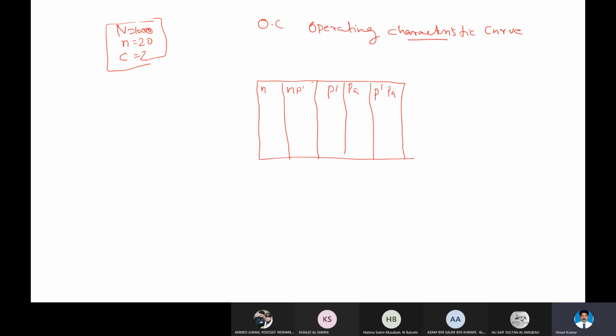This is the chart we are going to draw. So n is the number of observations, P dash is the fraction defective, and PA is the probability of acceptance.